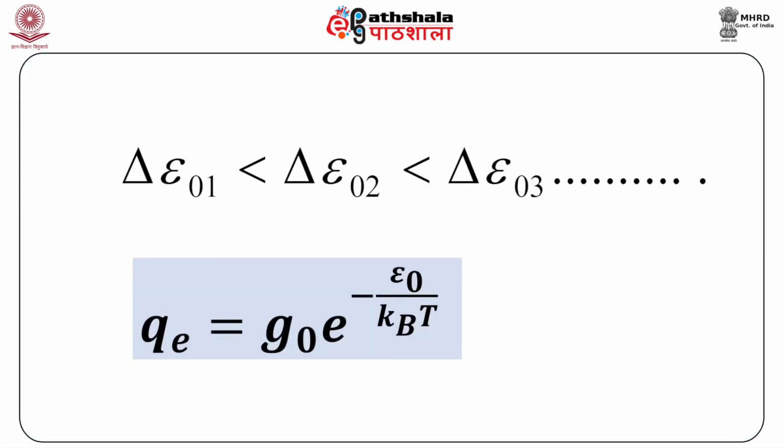So neglecting them, ultimately the expression for the electronic partition function becomes QE is equal to G0 into e to the power minus epsilon 0 upon kBT. That is equation 23. Here epsilon 0 is the ground state electronic energy. But if the ground state electronic energy is brought to the level of the zero of the scale, then this will also become 0.